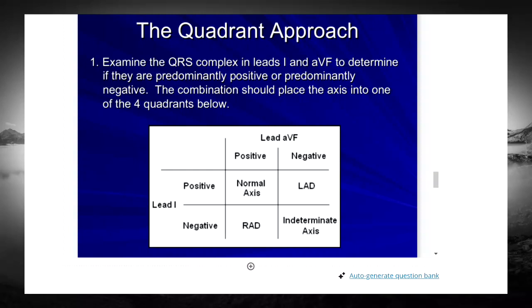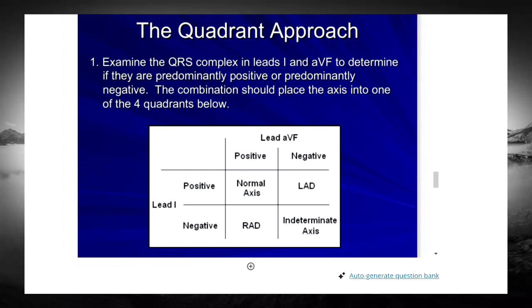If I look at my lead 1 and it is negative, I look at AVF and it's positive, what thumb is down? What thumb is up? If that thumb is up, I have my right axis deviation. That make sense? Flip it.